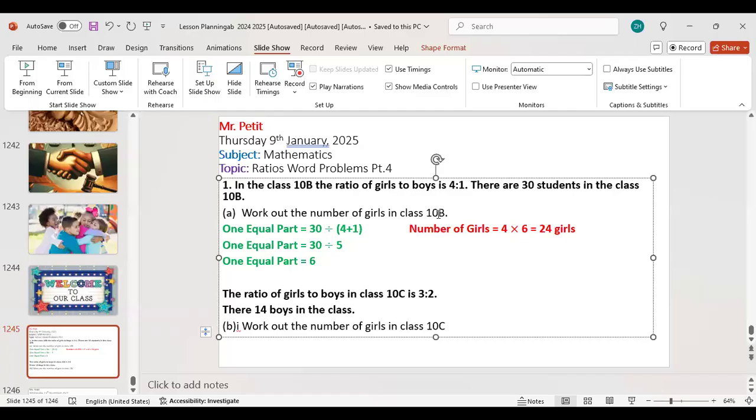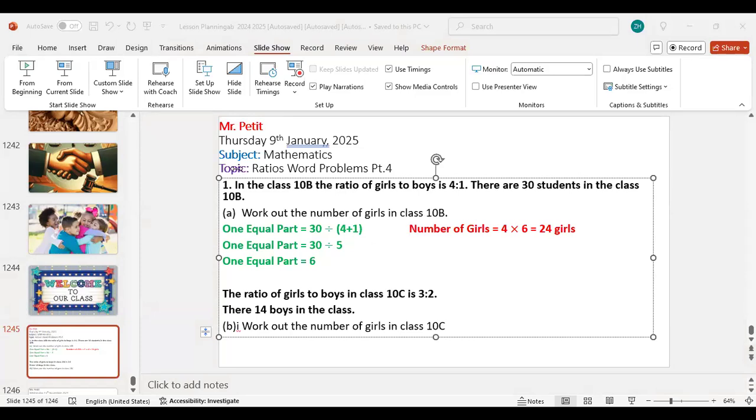One equal part is 30 divided by the sum of the ratio.